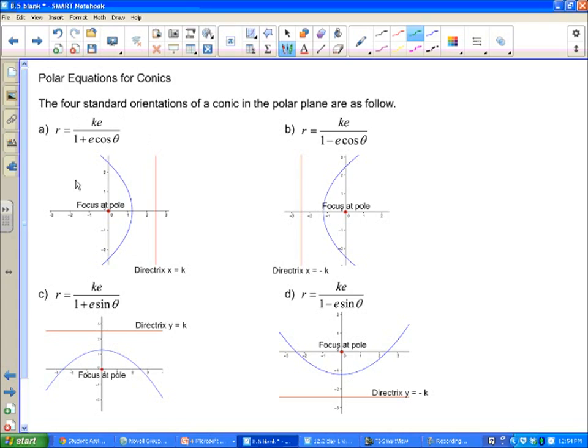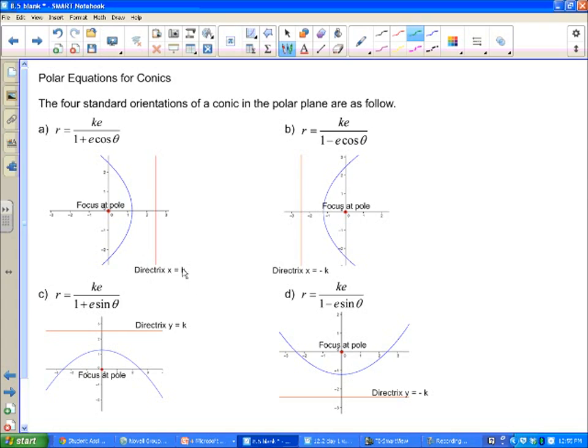So the difference between these is which direction the curve is opening, and the way we can easily tell which one of these to use is based on the equation of the directrix.